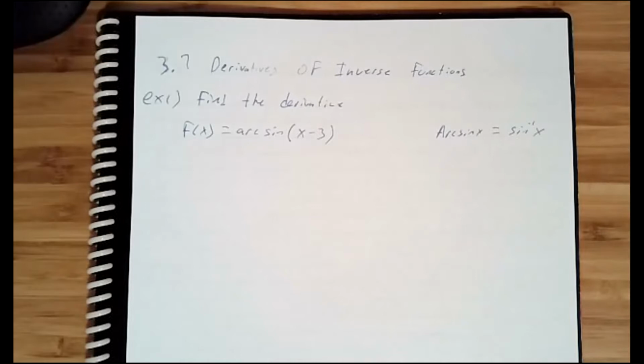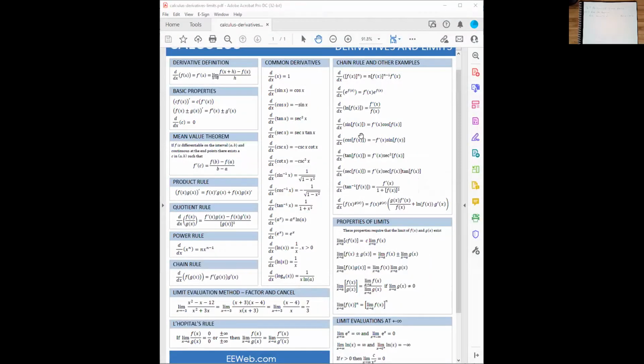So what we're going to use is the sine inverse formula that I put somewhere. Let's see, PDF is right there. Derivative of sine inverse or arc sine will be 1 over the square root of 1 minus x squared. So that x is going to be whatever is inside the inverse function.